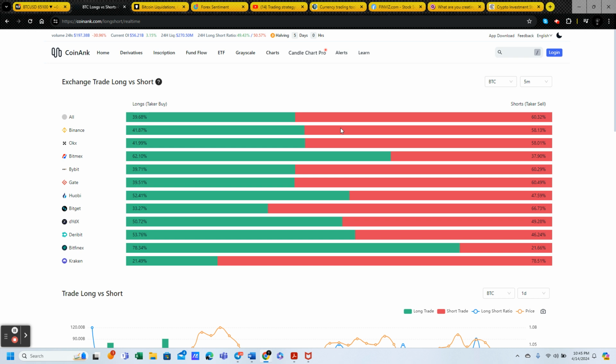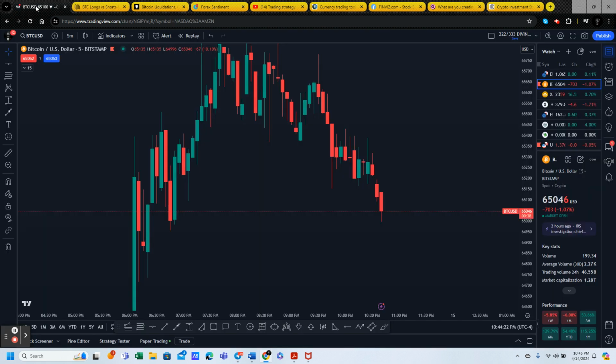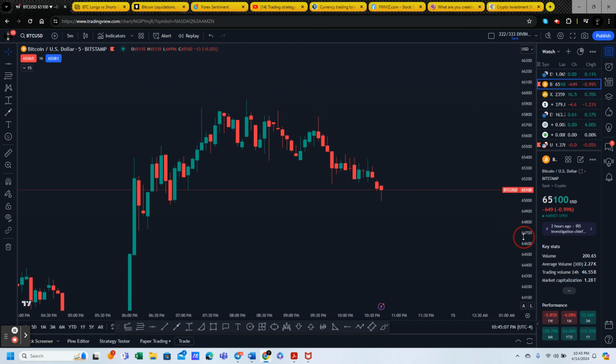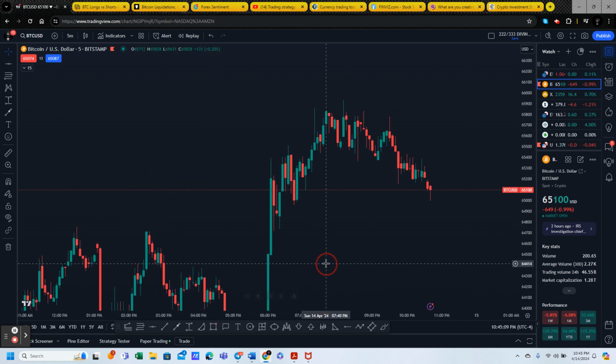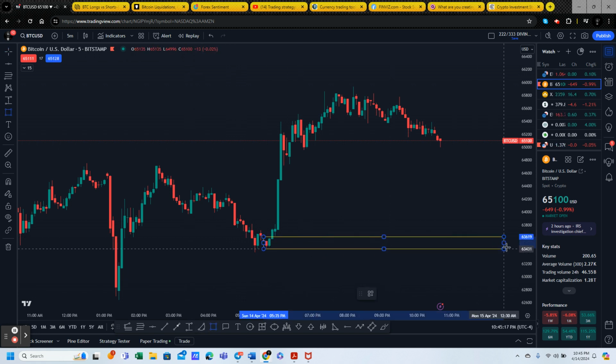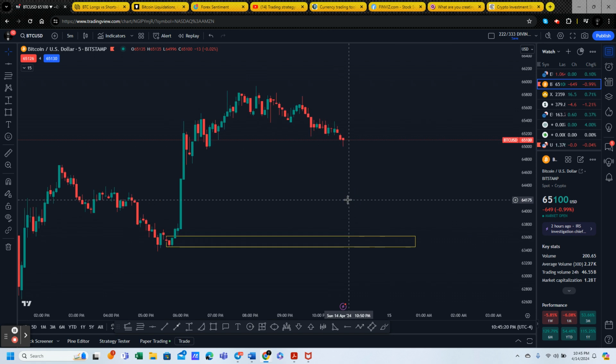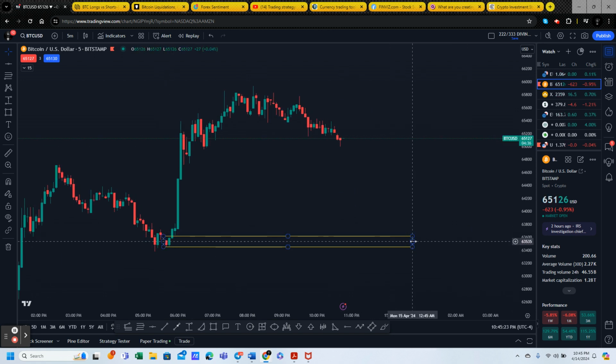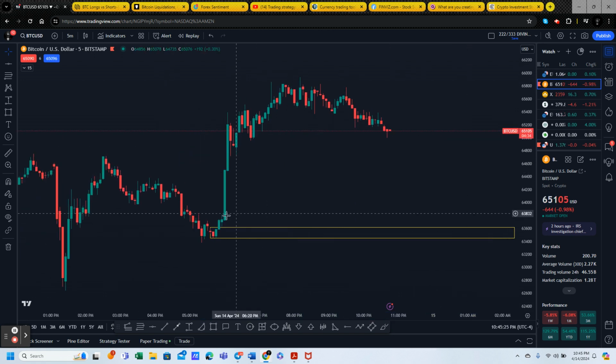So you remember when you're dealing with any imbalances in the market, all right, you are looking for what? You're looking for supply and demand zones. So on this 5 minute chart right here, we know that this is a demand zone. And it's a possibility that during this time we could have looked at the longs versus shorts and seen maybe 60 or 70% of long positions coming in, which means that is an imbalance towards the buy side.